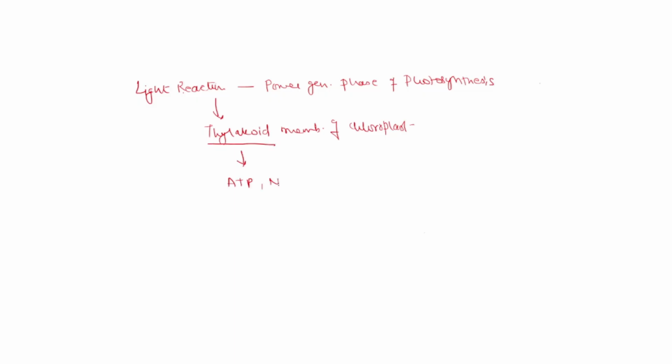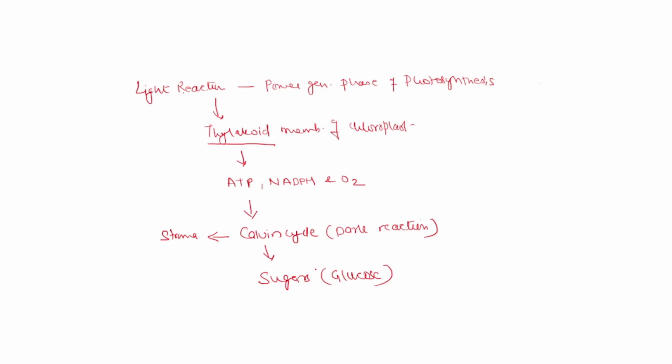ATP, NADPH and oxygen as a byproduct. These products are then used in Calvin cycle, also called dark reaction, which takes place inside stroma to synthesize what? Sugars, that is glucose.